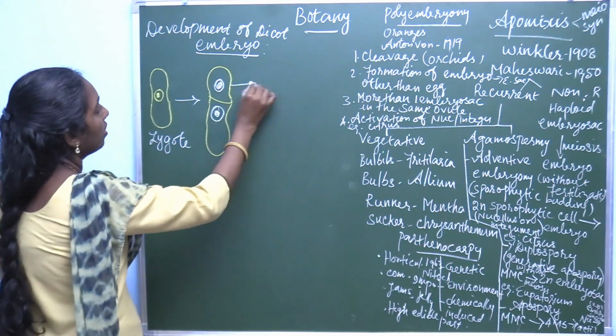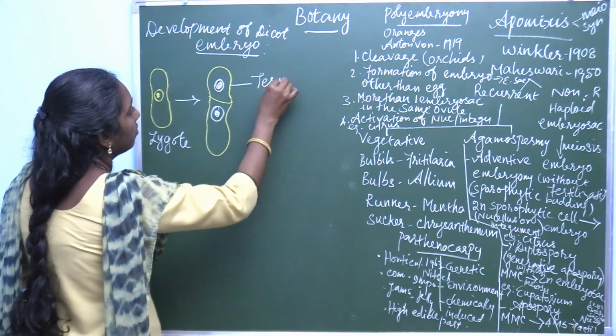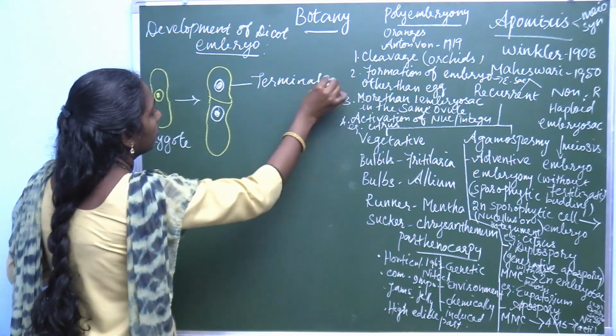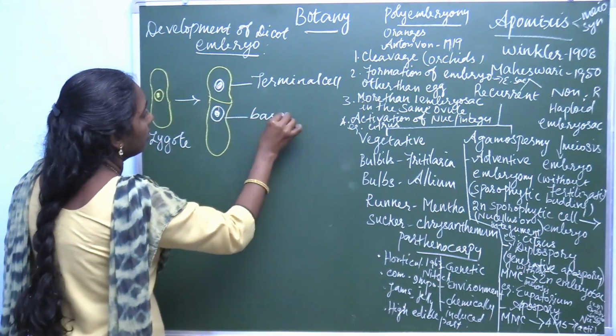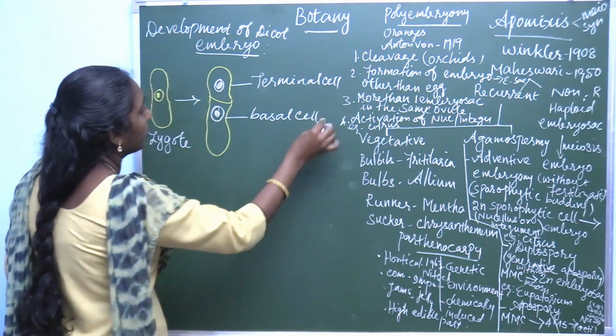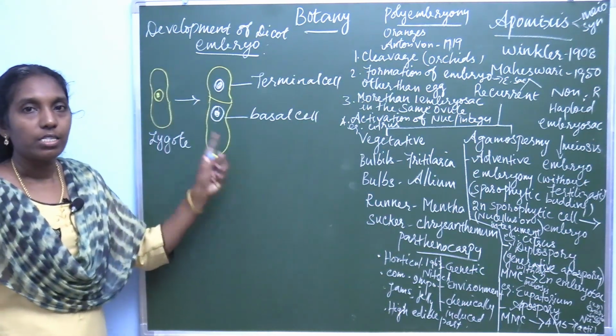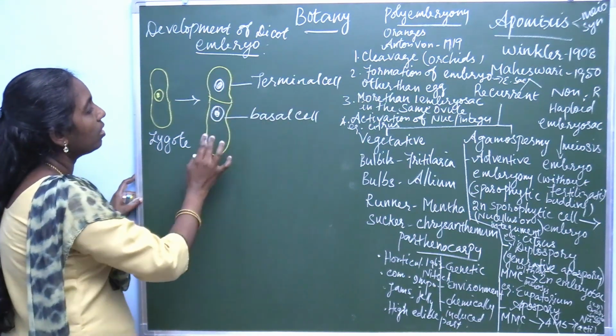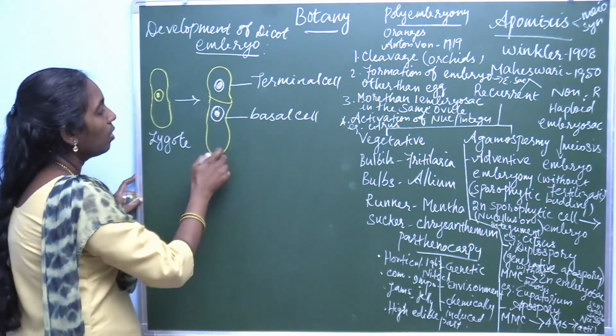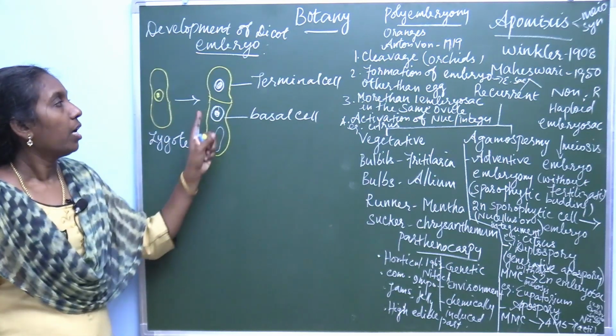The zygote transversely divides into two and forms the upper or terminal cell and the lower or basal cell.